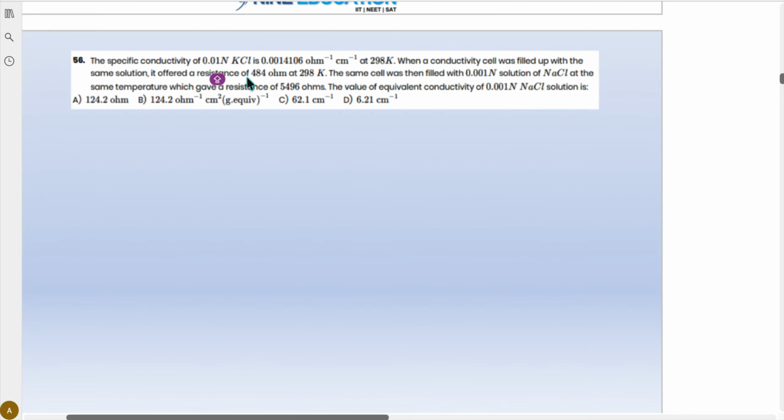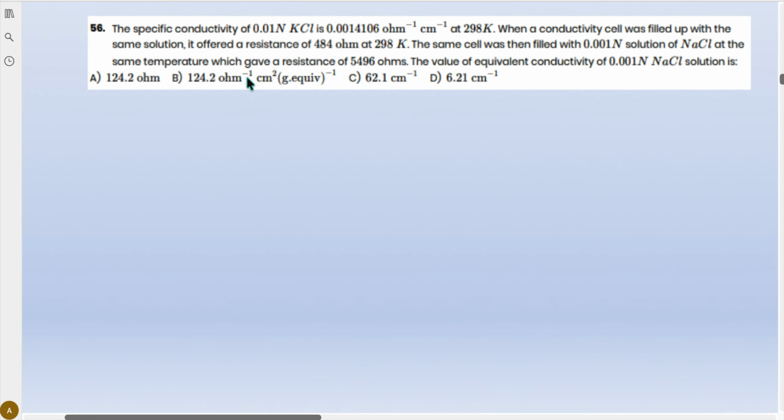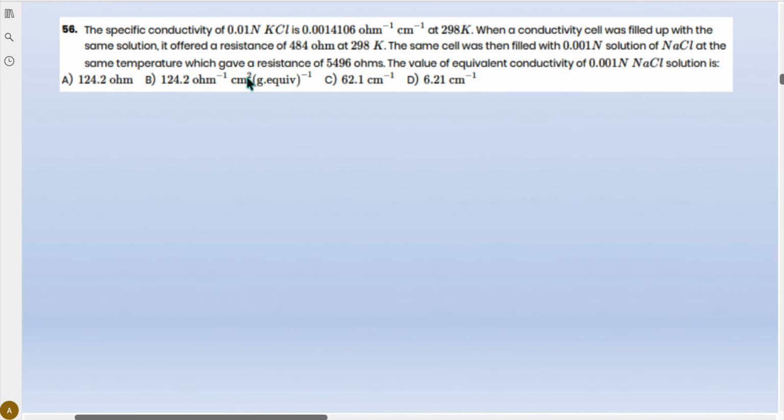Next one, see, the specific conductance of KCl of this concentration is given to you. Here the specific conductance K is given to you. When a conductivity cell is filled with the same solution, it offers a resistance of 484 ohms, meaning R is given.